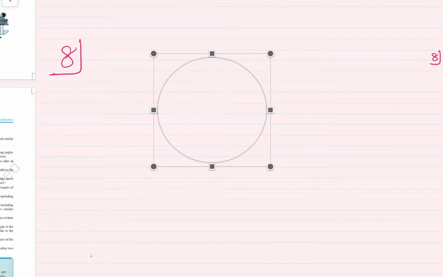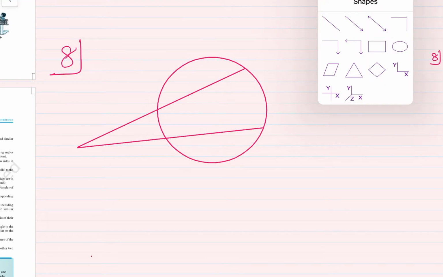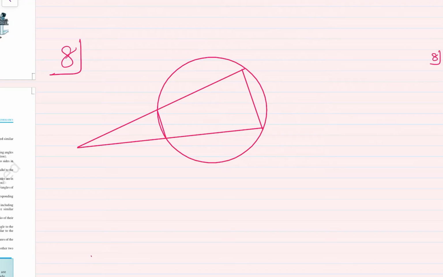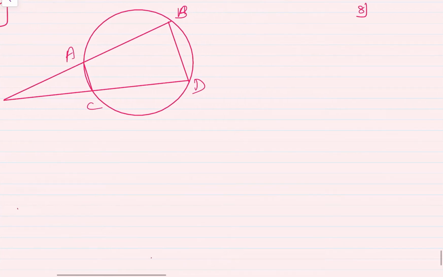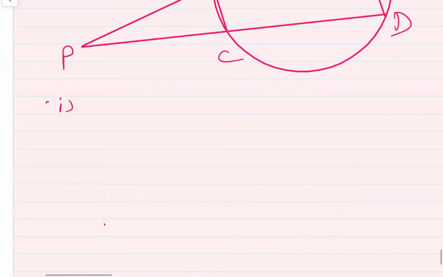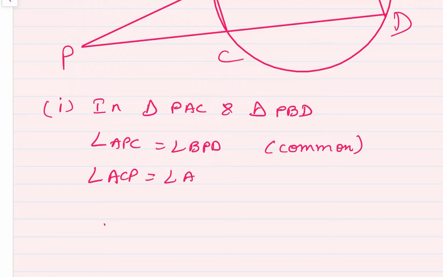We have chords AB and chords CD. So we label it as AB, CD, and they are produced and intersect at point P. So in the first proof we have to do, in triangle PAC and triangle PBD, angle APC is equal to angle BPD, that is common, and angle ACP is equal to angle ABD.